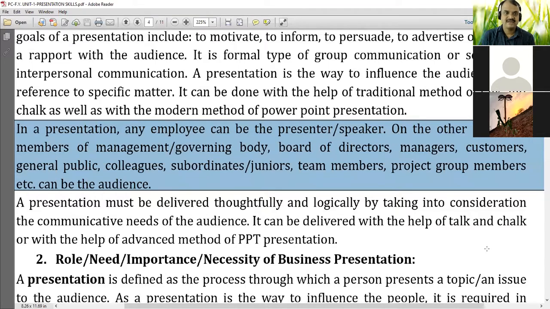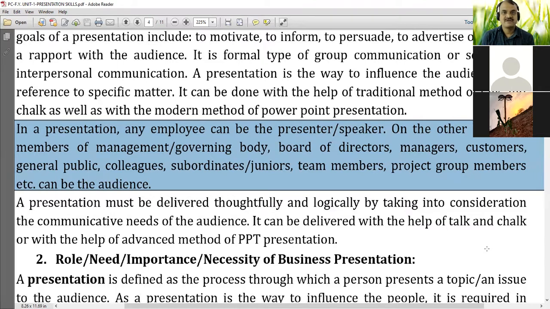On the other hand, the members of management, governing body, board of directors, managers, and then customers, general public, colleagues, subordinates, juniors, team members, project group members, etc. can be the audience.